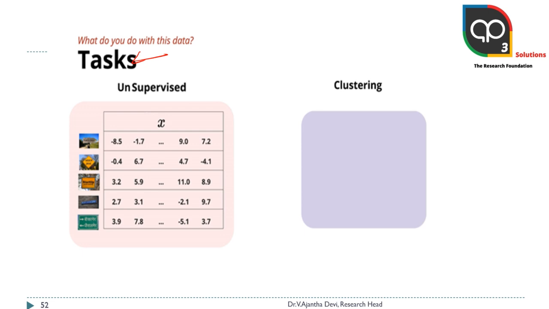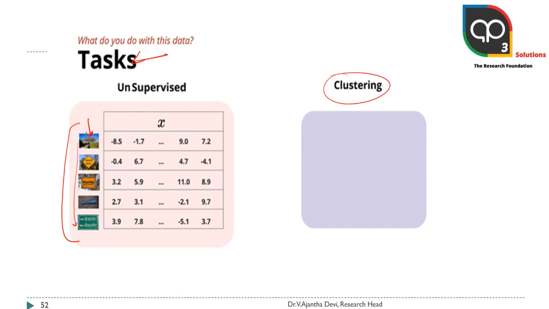Here, let me have some examples. So I could see things like clustering. What is clustering? Clustering is grouping with something in common. Here, what is the commonality? Every image has text content.